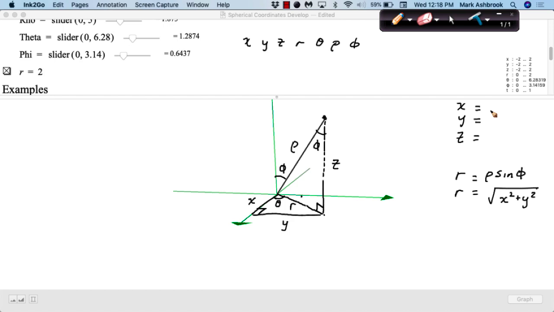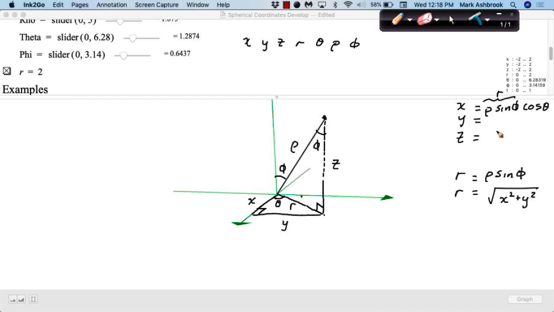He wants r cosine theta. Agree with that? So now in spherical coordinates, we don't have r, so what do we have? It'd be r cosine theta, but we don't have r in spherical coordinates. We have rho sine phi, right? It's going to be rho sine phi cosine theta, because this is r.